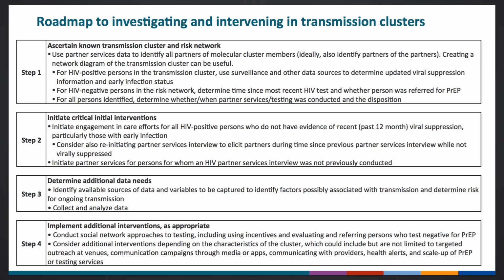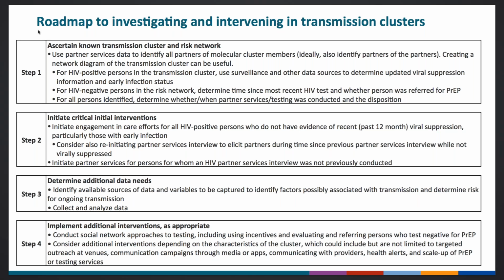So this is actually a figure that is included in the cluster guidance that we issued earlier this year. And it just gives the sense that investigating a cluster and intervening in a cluster are not at all mutually exclusive activities, that these are very much intertwined. And so one of the things that we're suggesting is that the first step once a cluster is identified is to ascertain the known transmission cluster and risk network.